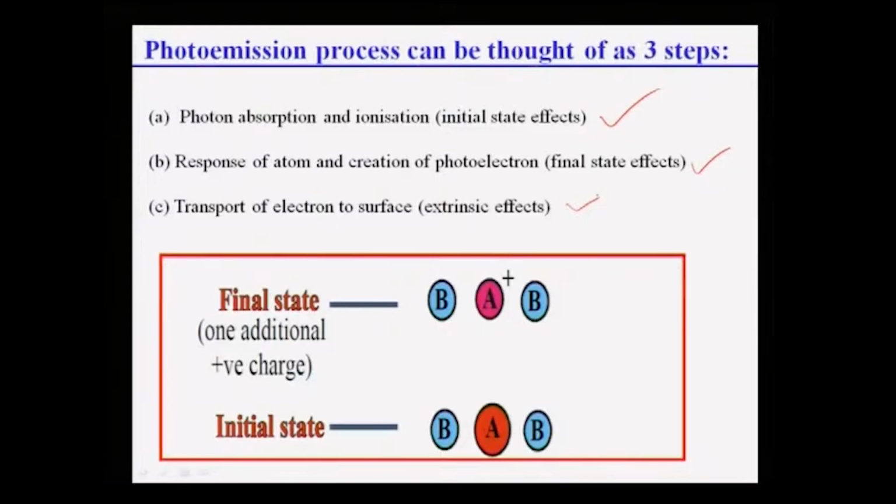Ionization means removal of an electron from the core shell, and this leads in the second step to photoelectron generation, and then the photoelectron moves. So the final state has one additional positive charge. Initial state you have neutral, and then you have a positive charge attached because of this ionization effect.